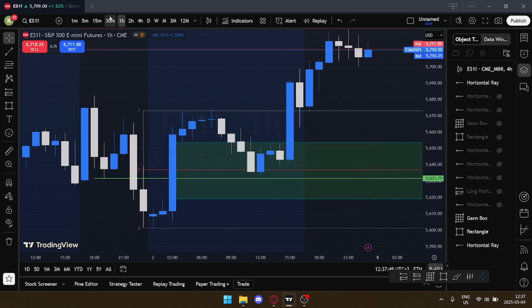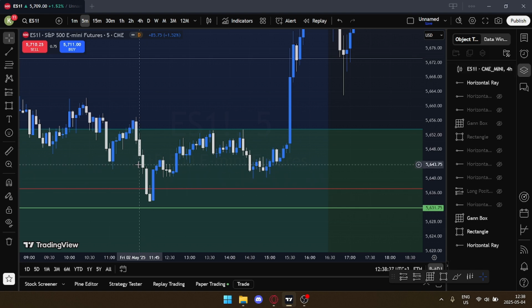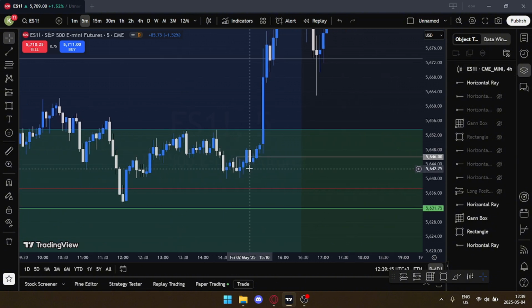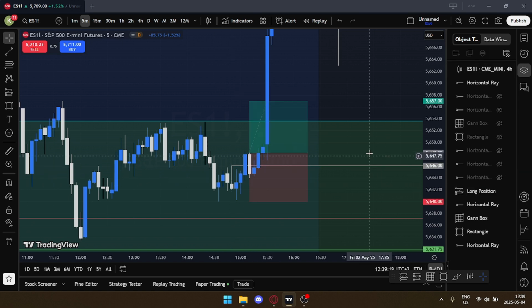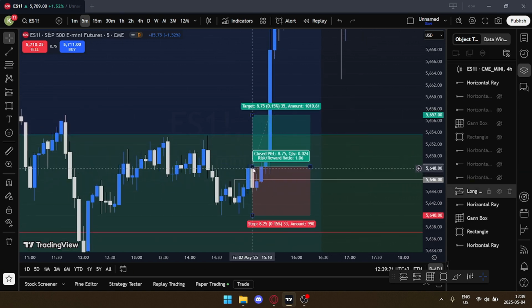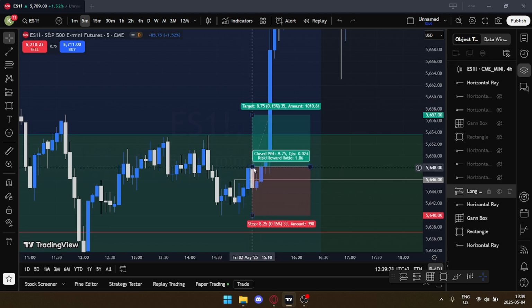I'll zoom straight into the 5-minute time frame, and after the equilibrium got hit, I was looking for break of structures to the upside, and we had a break of structure all the way over here, but I kind of missed it. So I entered off of this break of structure right here, took a long position, because we only act off of fully closed candles.